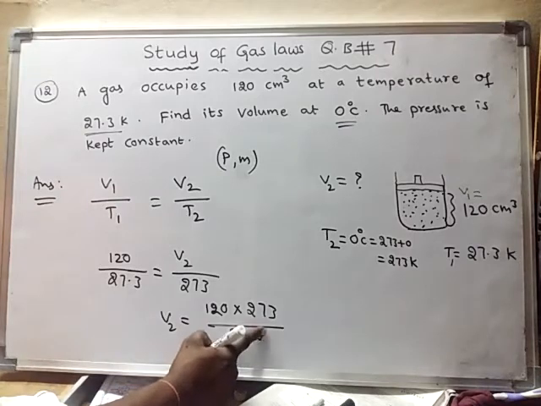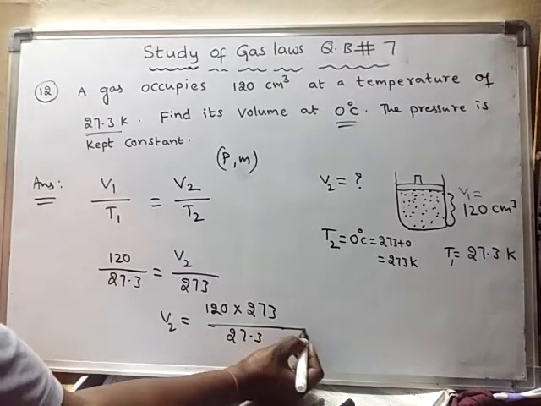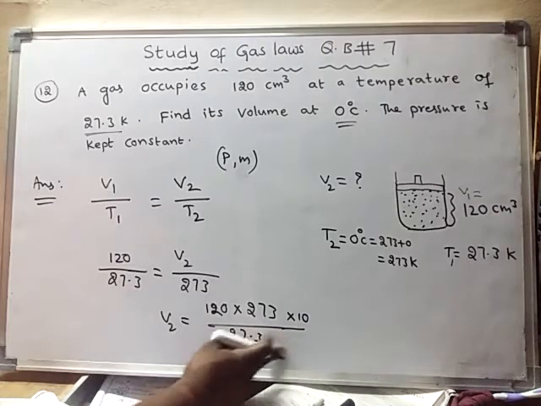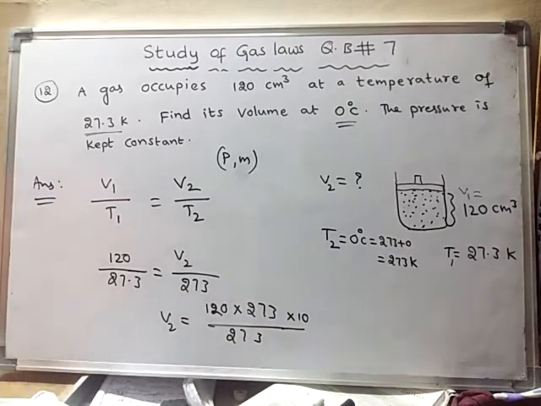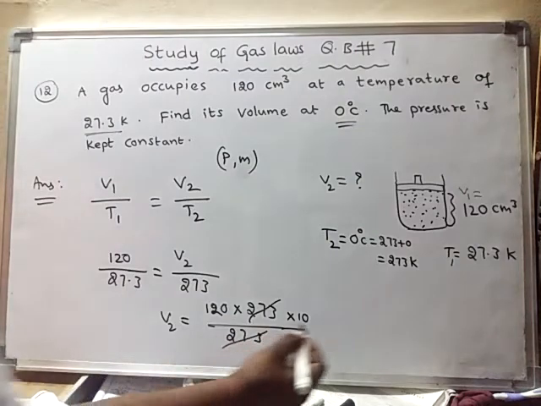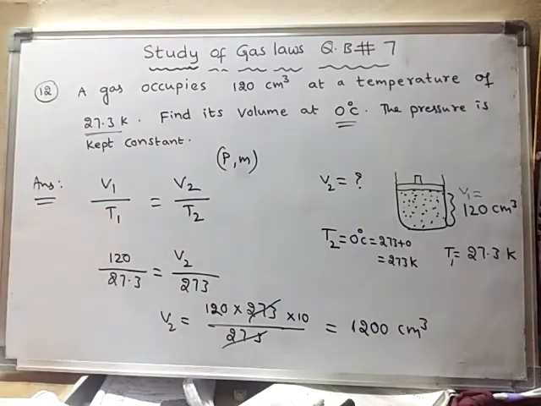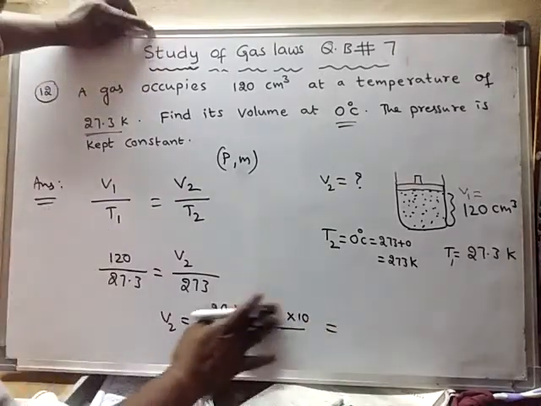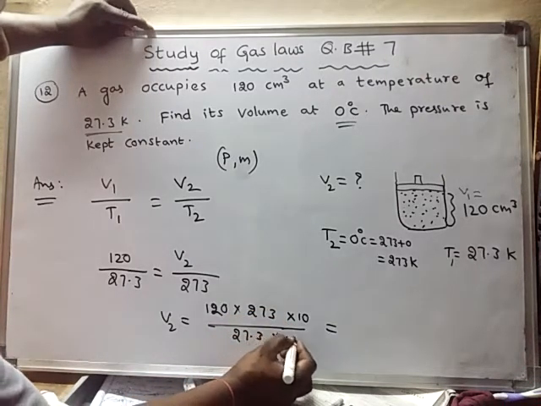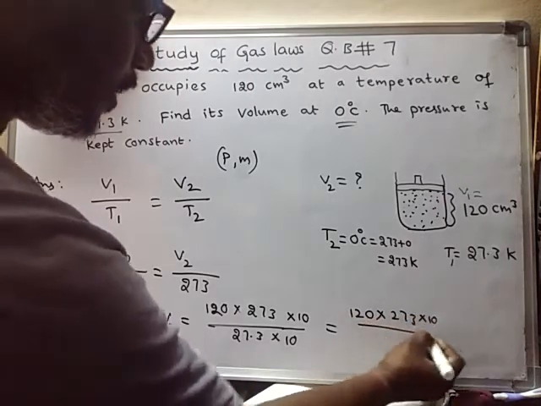Now, 27.3 into 10 means 273. So V2 is 120 into 273 into 10 by 273.